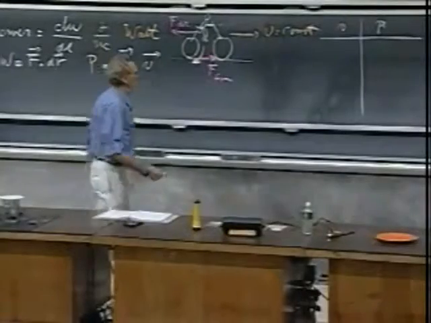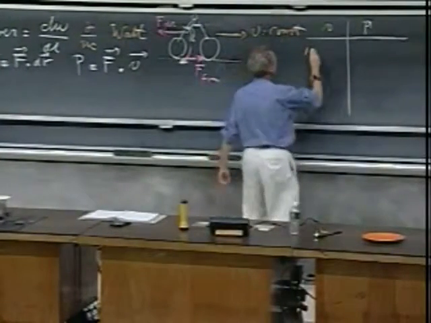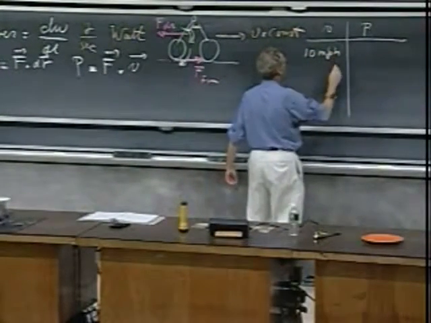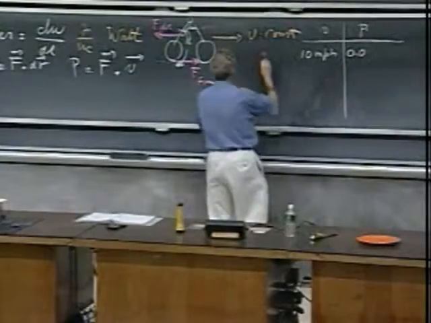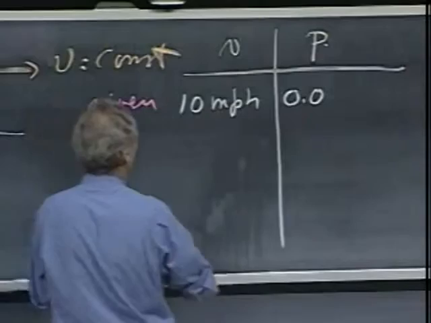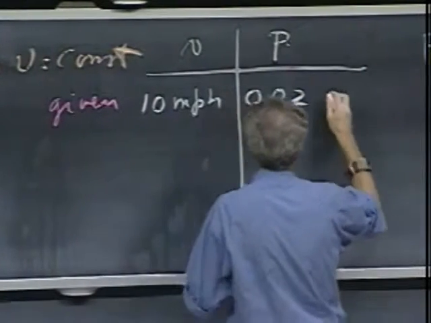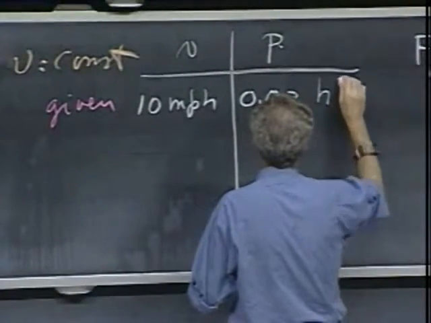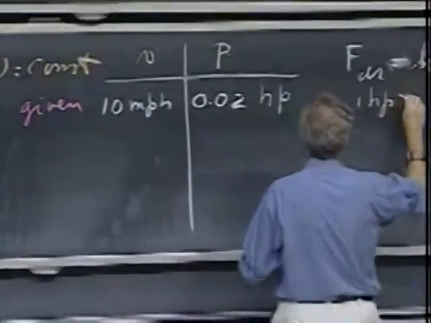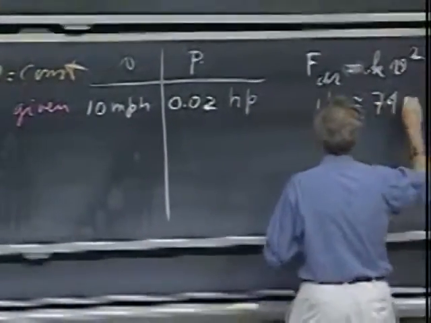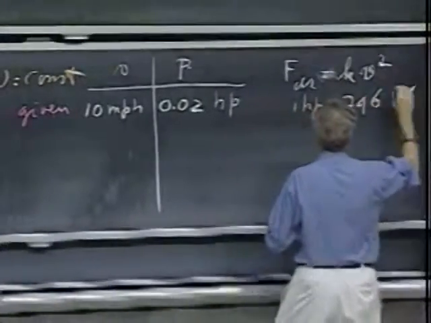Then, if I have 10 miles per hour here, I drive 10 miles per hour, and I tell you that the power, this is a given, this is not something that I show you, is about 0.02, around 1/50th of a horsepower, and 1 horsepower is some crazy unit, 746 watts.